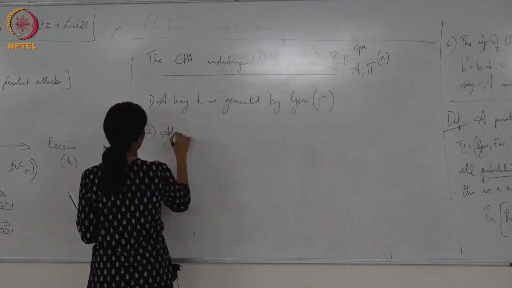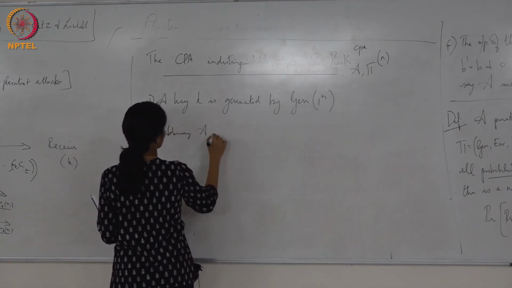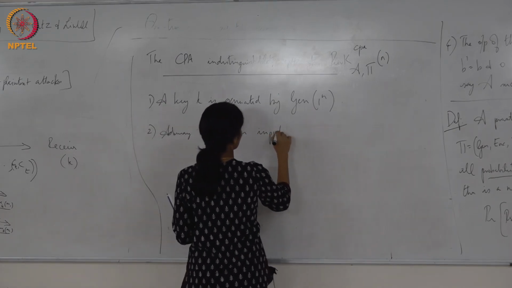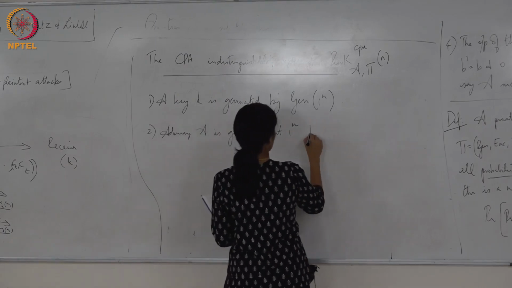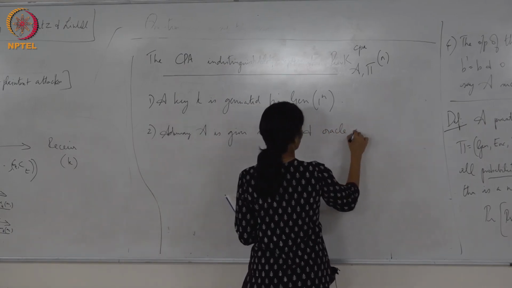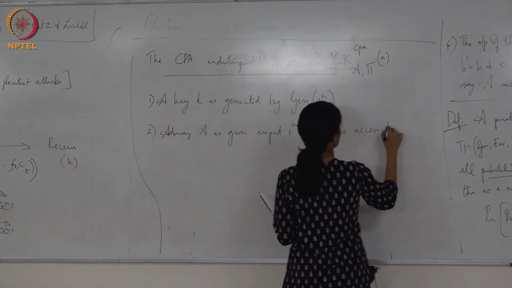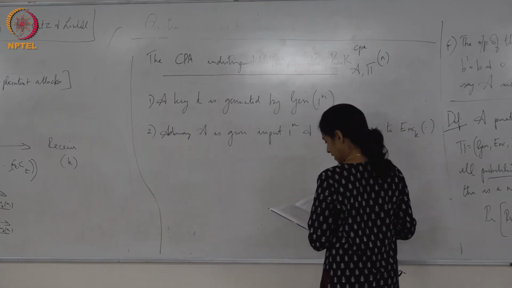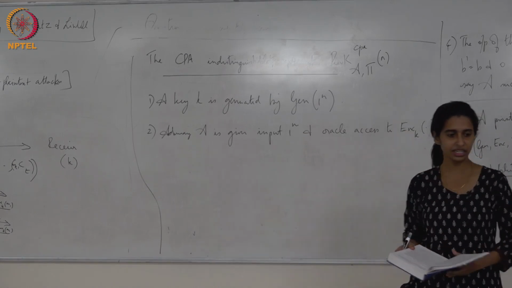The adversary A is given input 1 to the n and oracle access to Enc k. I will explain what this is, right?